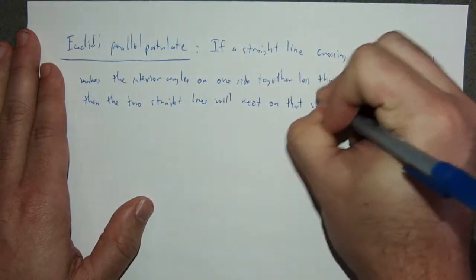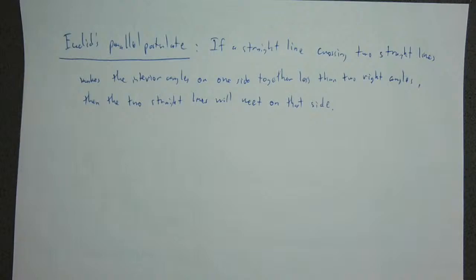Now, it turns out that this statement is equivalent to a number of other statements that we can make. Depending on the context, some of those other forms might be more or less convenient. We're actually going to use this form usually, because for our purposes this will be more convenient, but the one you might be the most familiar with is Playfair's axiom, which is equivalent to this, and I'll state that in a second.